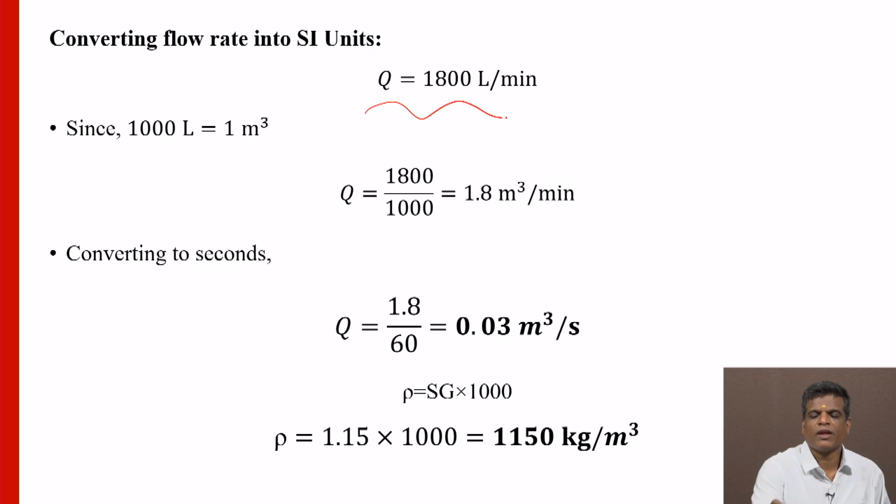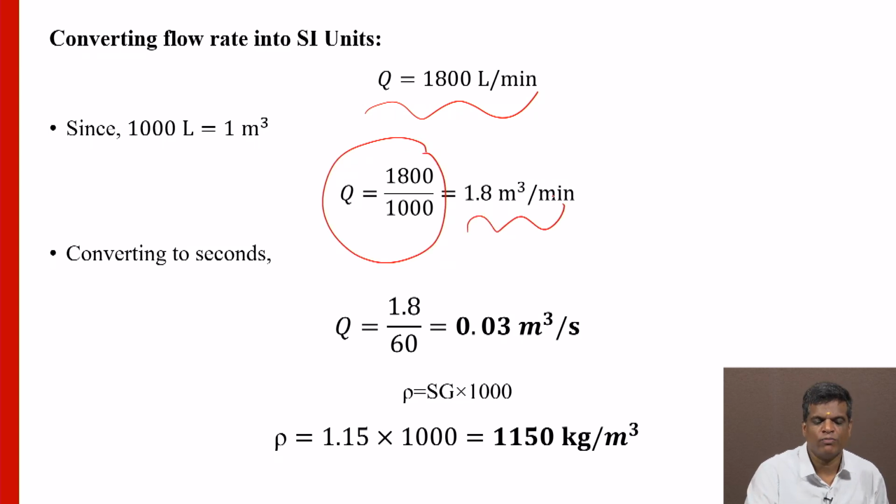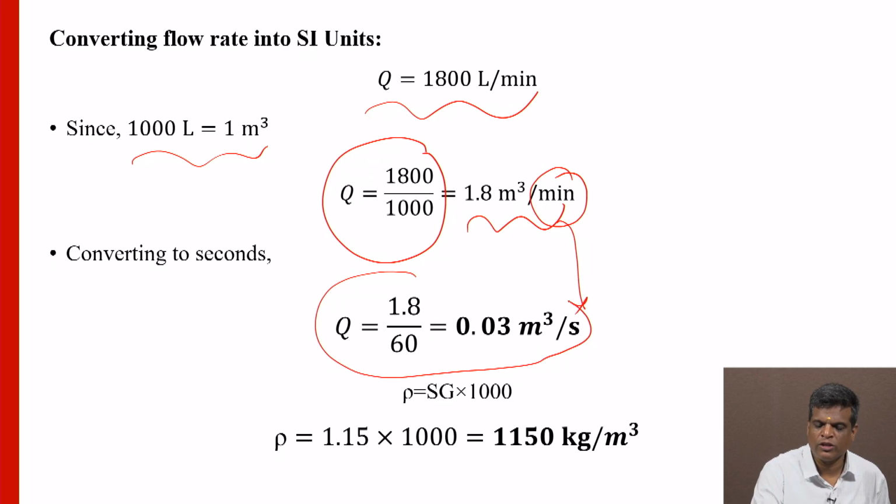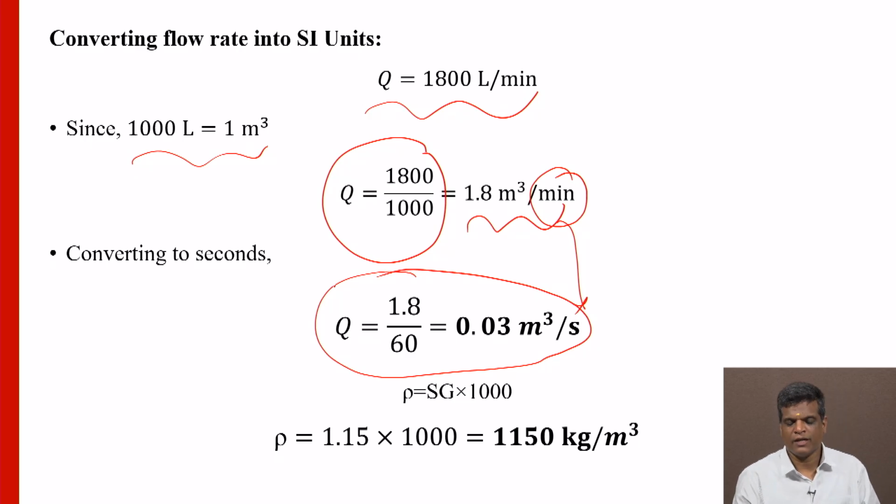First, Q equal to 1800 liter per minute, which we have to convert to SI units, meter cube per second. 1000 liter equals 1 meter cube, and we convert minutes to seconds. So finally the Q value is 0.03 meter cube per second.